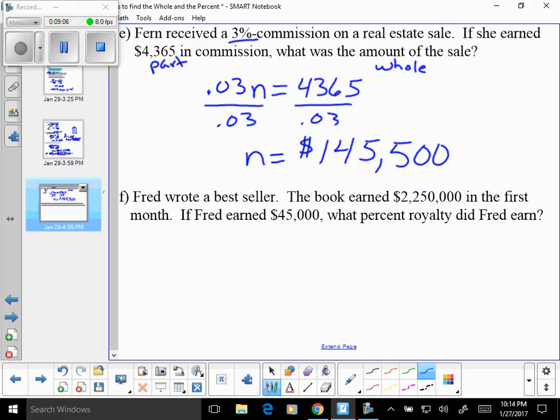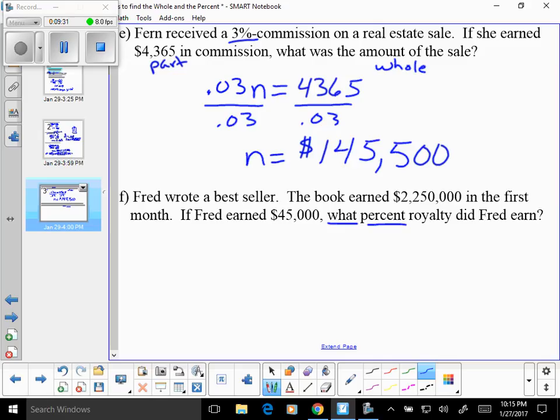Now, let's look at F. Fred wrote a bestseller. The book earned $2,250,000 in the first month, but Fred only earned $45,000. Look at my question. What percent royalty did Fred earn?